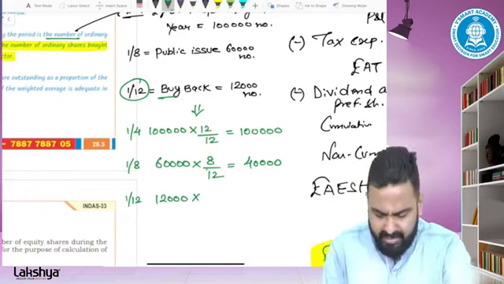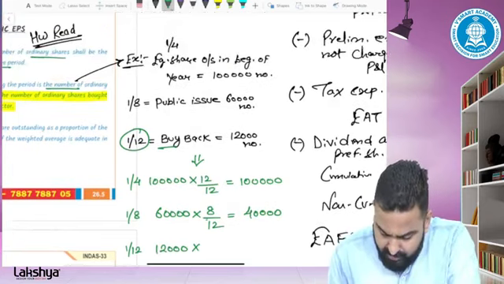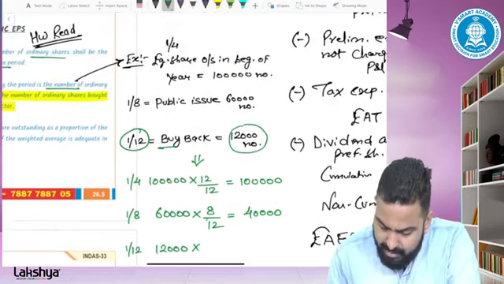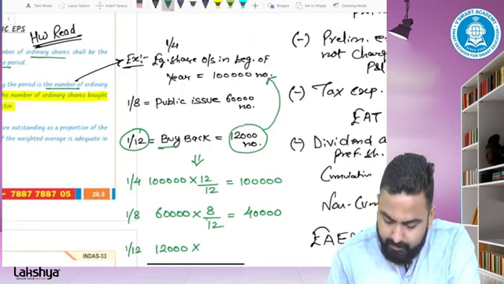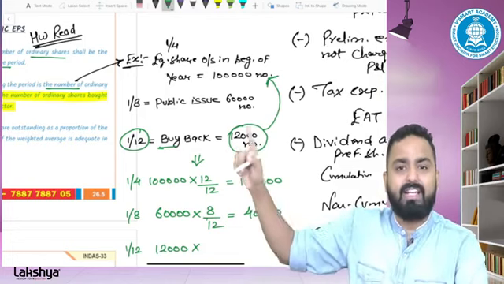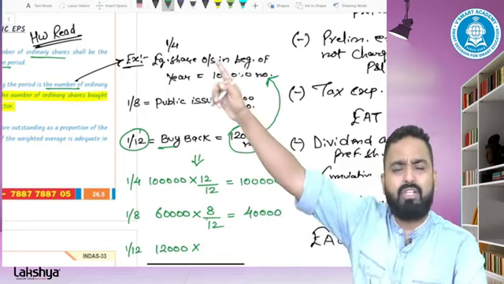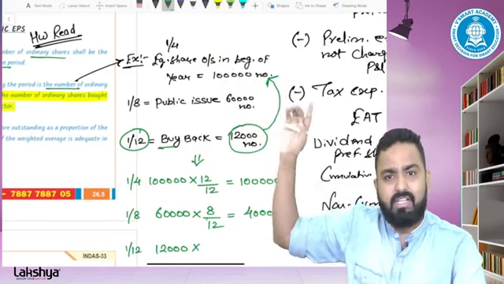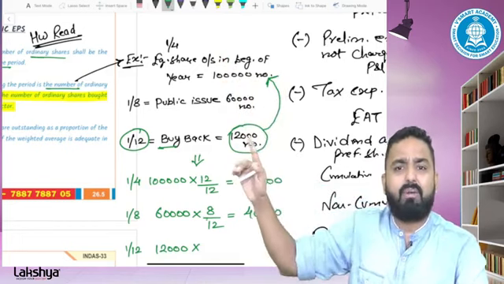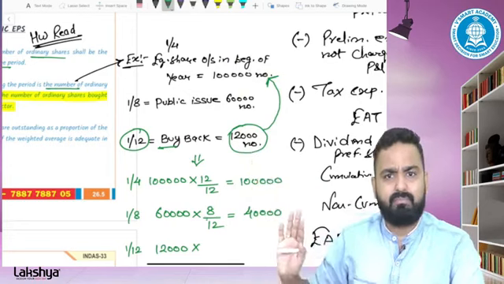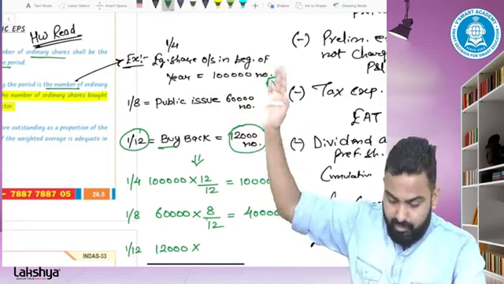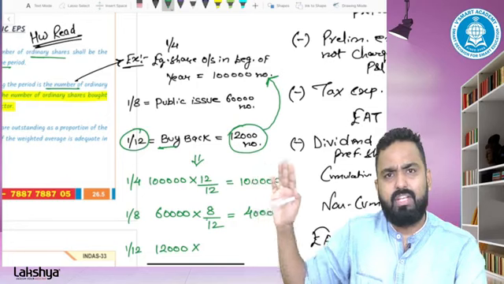Now, try to understand that these shares must be the part of opening equity. That means the shares which are bought back must be the part of this opening 1 lakh shares. That means out of 1 lakh shares, we bought back 12,000.